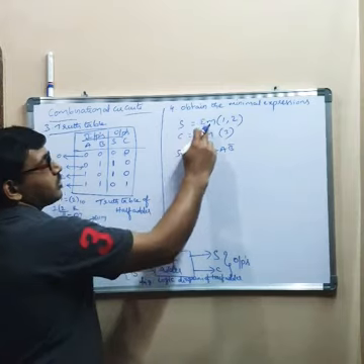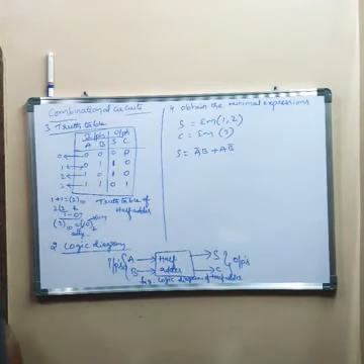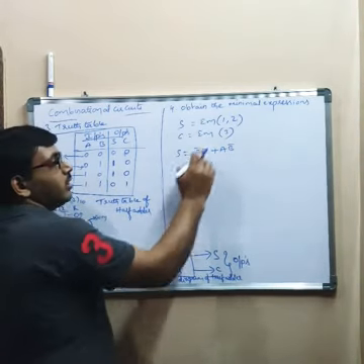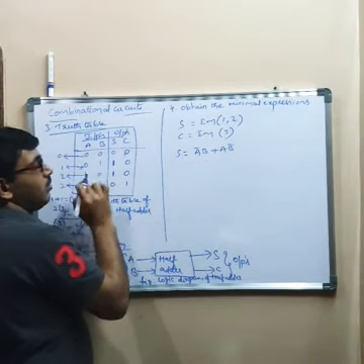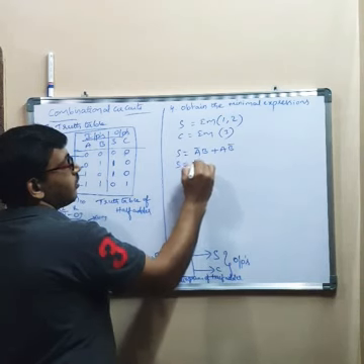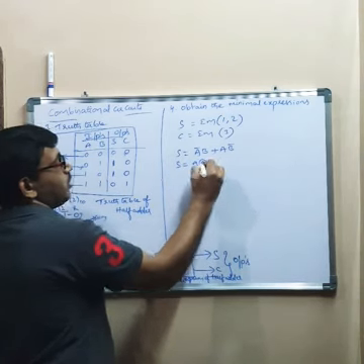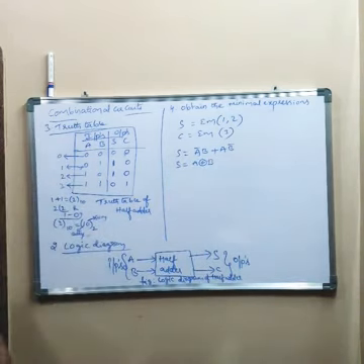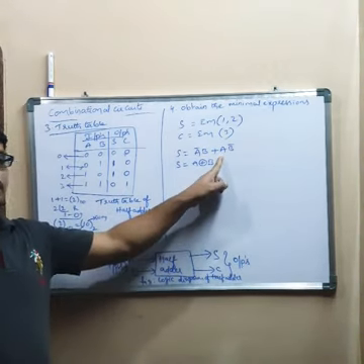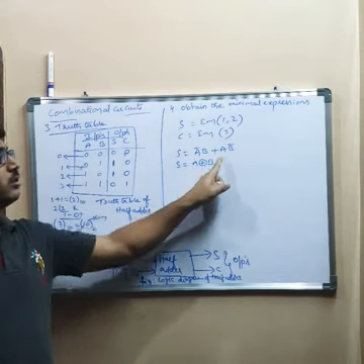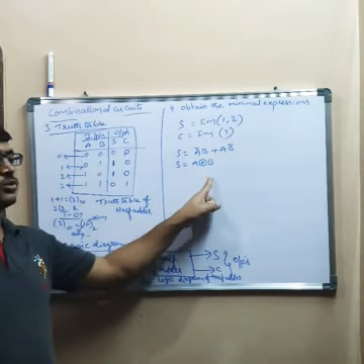As sum is equal to summation of minterms 1 comma 2, I am writing these minterms in an expanded form, A bar B, A B bar. So this is equal to A XOR B. If you look at the output logic expression of XOR gate, this is the expression. So instead of writing like this, simply you can write like this, A XOR B.